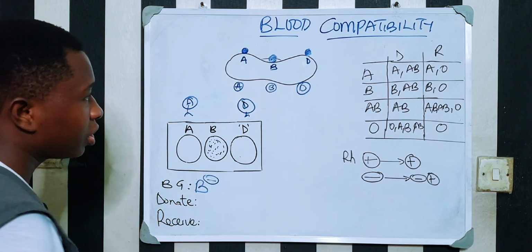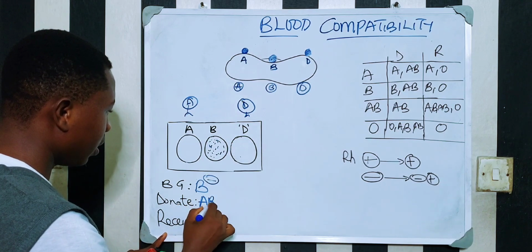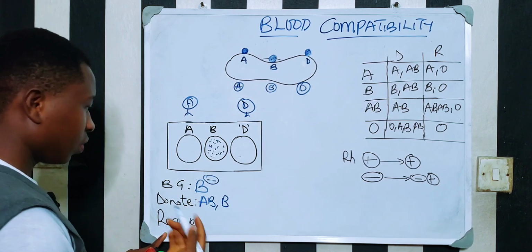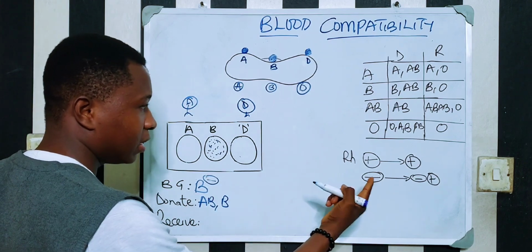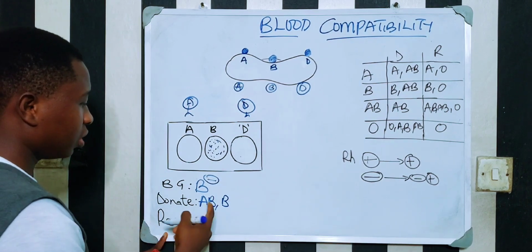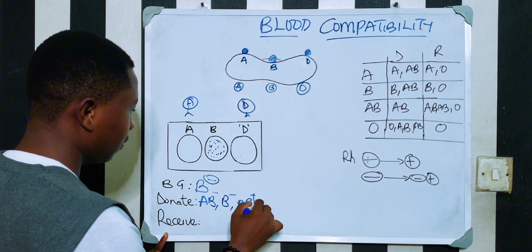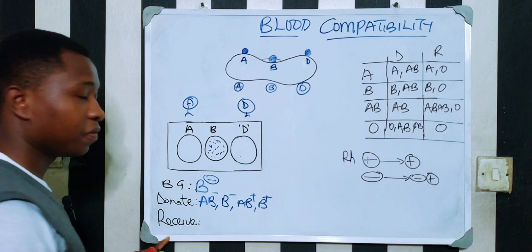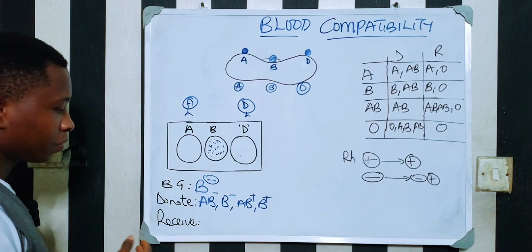So who can B donate to? B can donate to B and AB, right? So A, B, and B. The resource factor, negative blood can donate to negative and positive, right? So this can donate to AB negative, B negative, AB positive, and B positive. All right. Now let's move to who they can receive from.